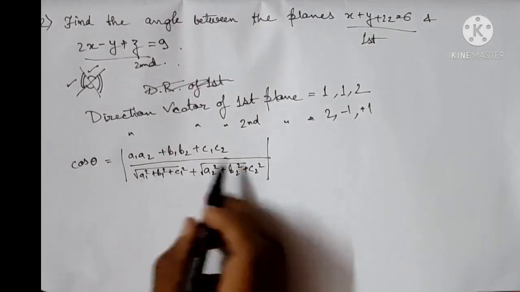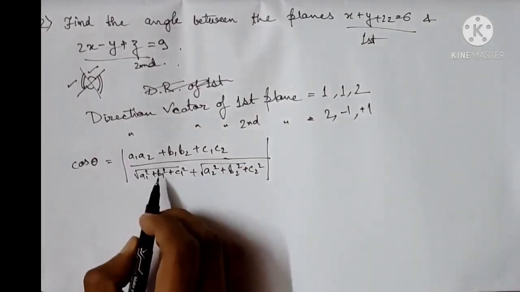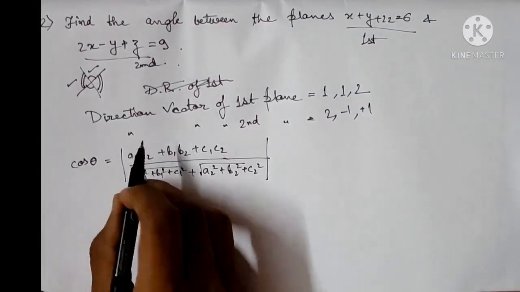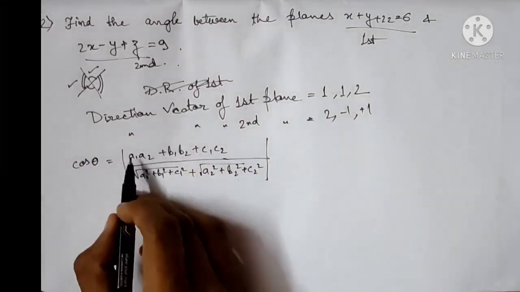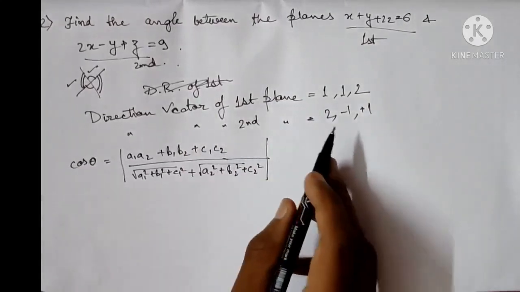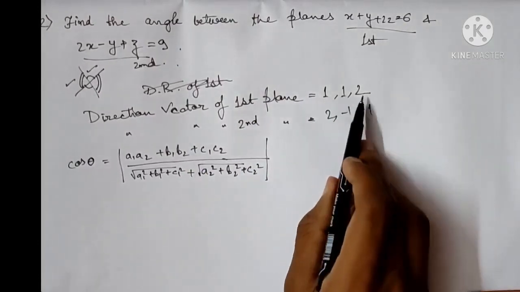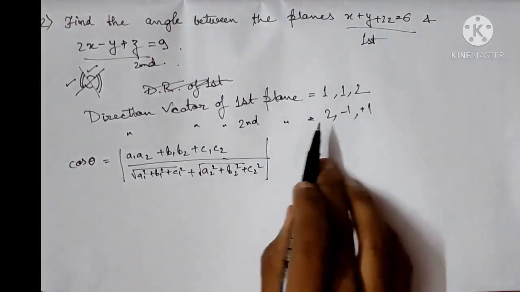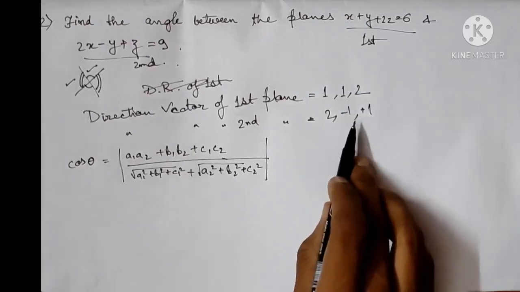So what are a1 a2, b1 b2 and c1 c2? a1 b1 c1 are the direction vector of the first plane, that is here 1, 1 and 2, and a2 b2 c2 are the direction vector of the second plane, that is 2, minus 1, plus 1.